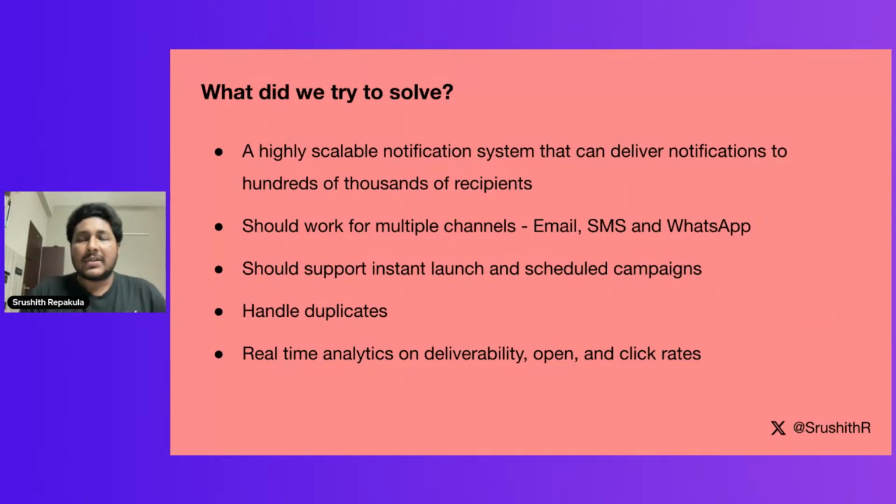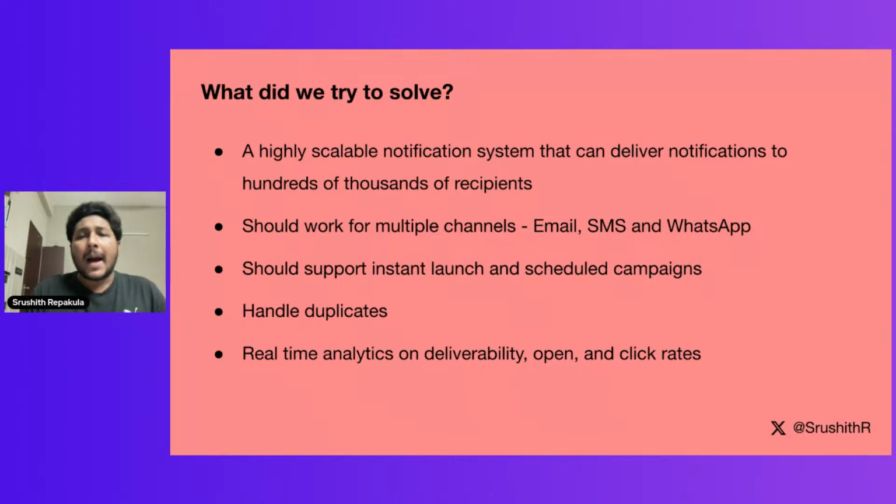So how we built it. As part of an event ticketing platform, one of the important features is the ability for organizers to easily send notifications to all the participants and attendees. As I mentioned, it can be all three channels: email, SMS, or WhatsApp.